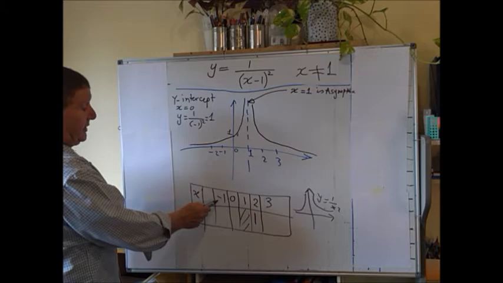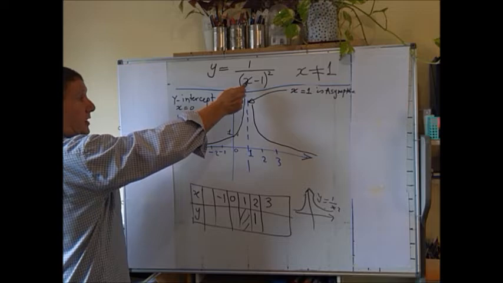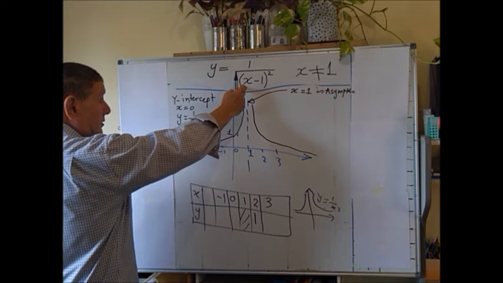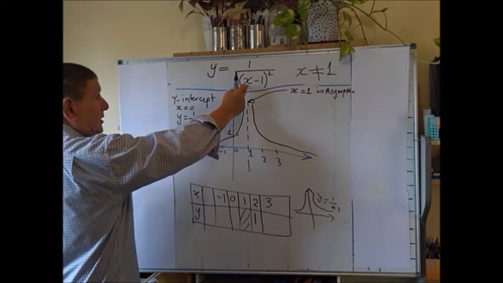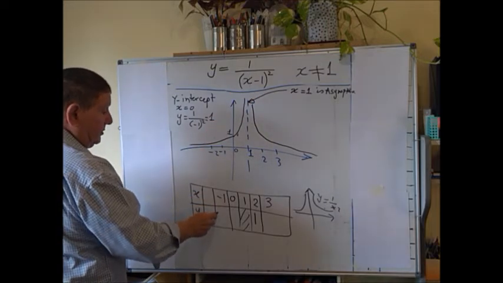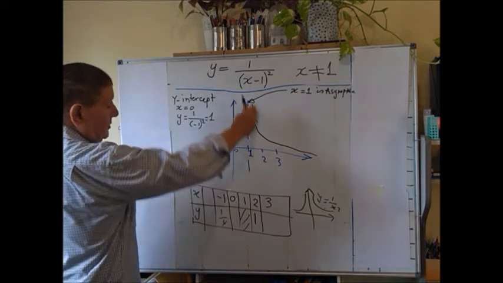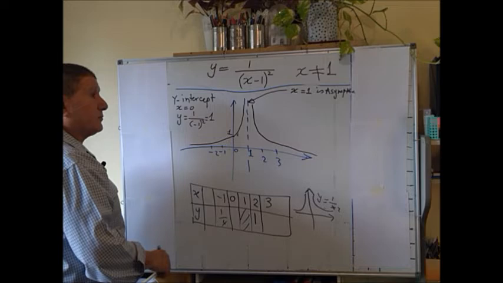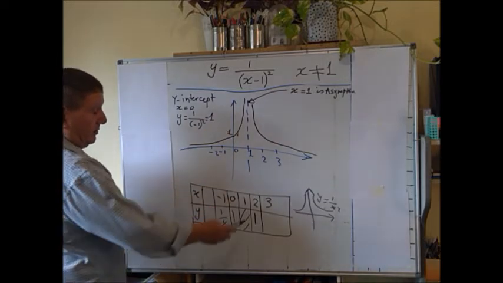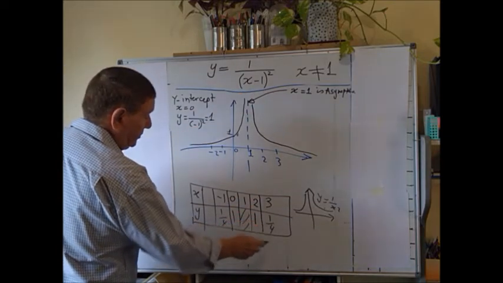The same thing if x is minus 1: minus 1 minus 1 is minus 2, squared, that will give you 1 over 4. Right? Let's see on that side. For 0, as we said, this is 1. Now if this is 3, 3 minus 1 is 2, squared 4, so that's 1 over 4 as well.